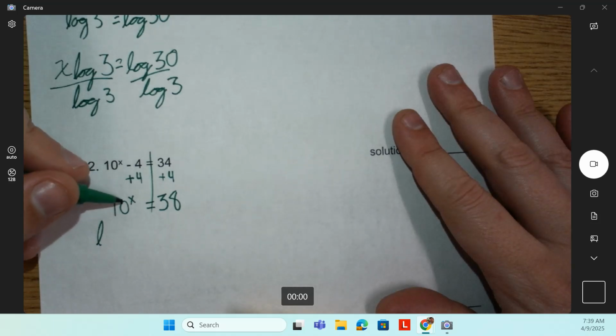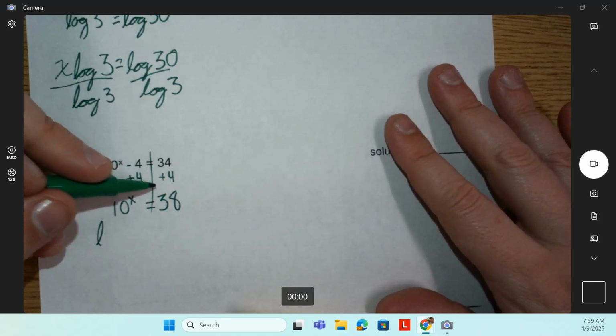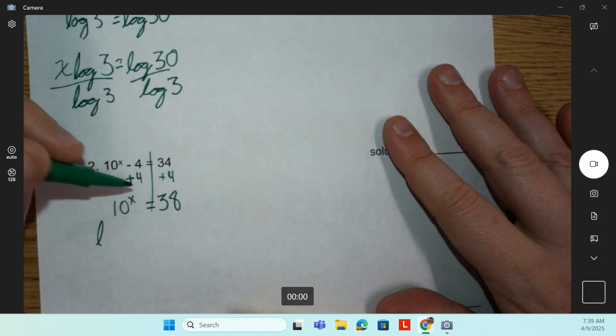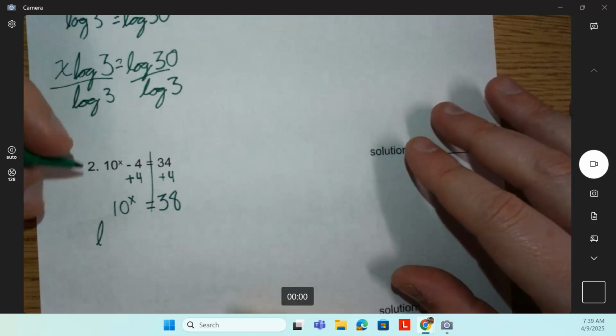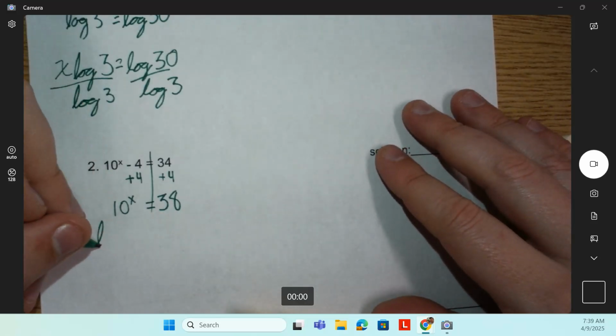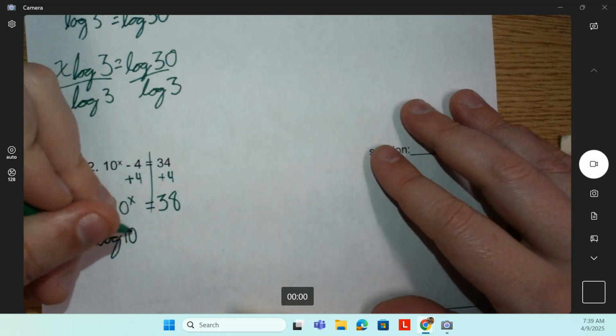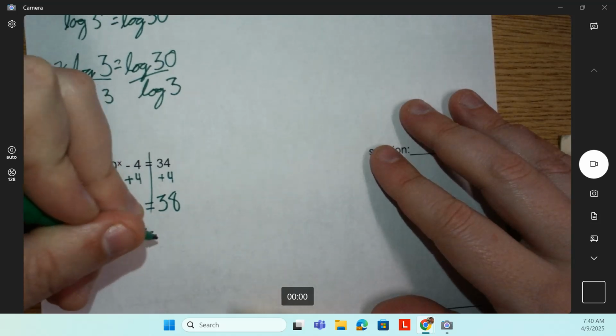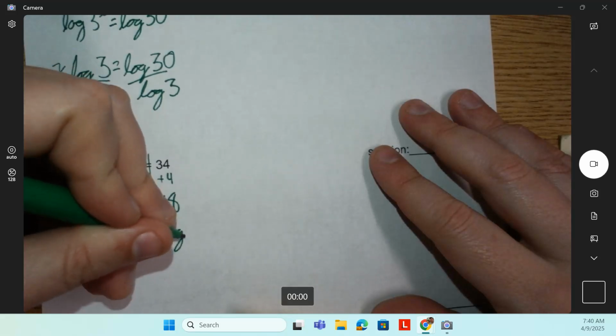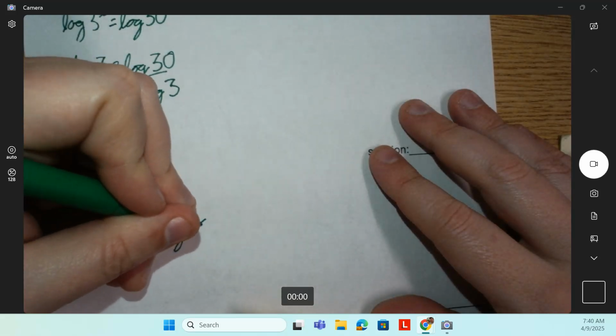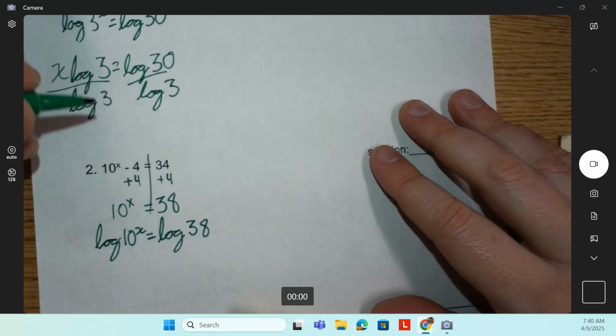What I've got to have is the exponent here and then just one portion of something over here in order for me to put it inside the logarithmic function. The pattern is going to follow the same.